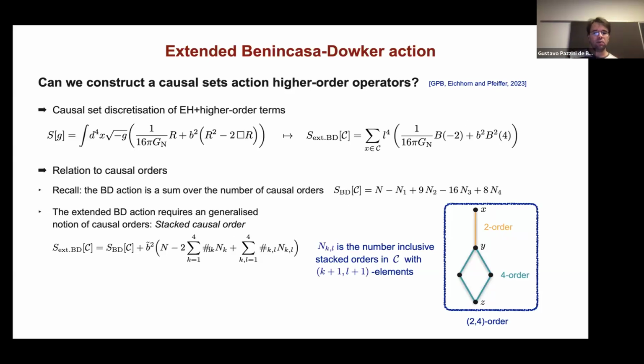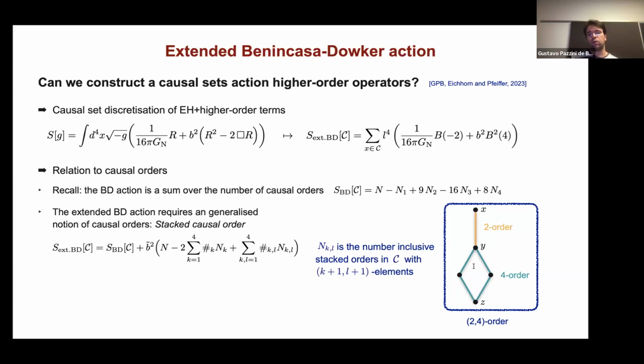Because now, the part of the operator that involves just the sum over a single layer can be rewritten in terms of this nk, which corresponds to the number of causal orders. But now we also have this nkl, which now is the number of inclusive stacked orders. So we had to extend this notion of causal orders to these stacked orders with k plus 1 and l plus 1 elements.